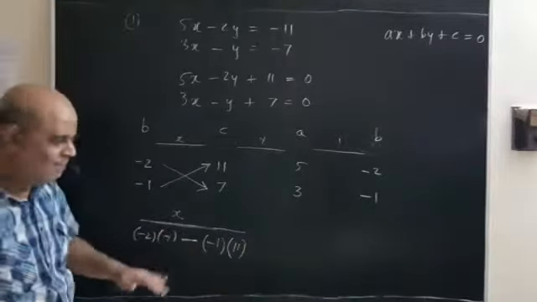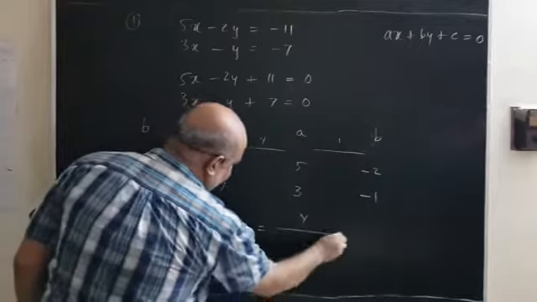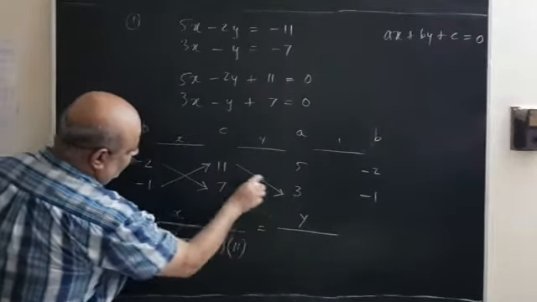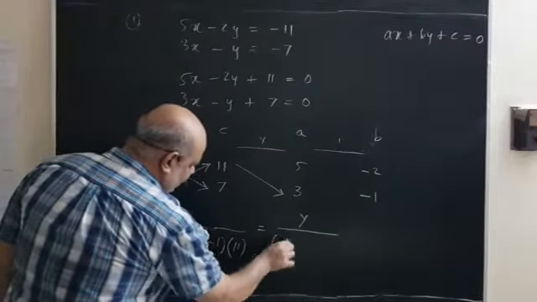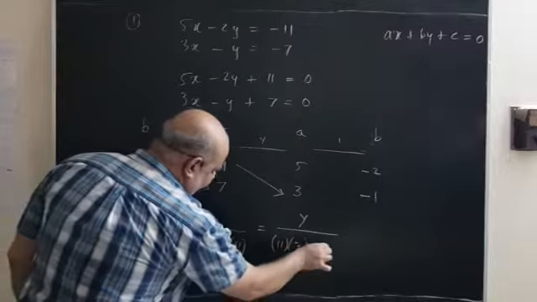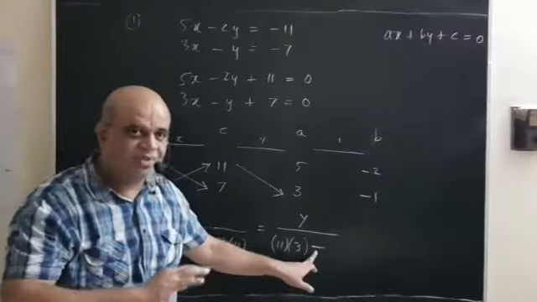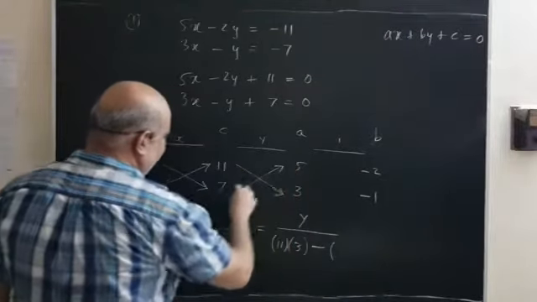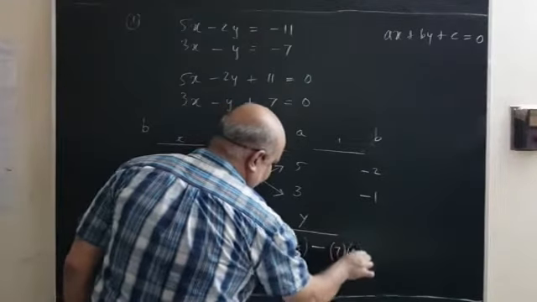Okay, that is x by equal to y by, once again same pattern. I am going to draw an arrow like this. This number multiplied by this number, 11 into 3, minus, once again I remind you, minus is part of the formula, minus this number multiplied by this number, 7 into 5.